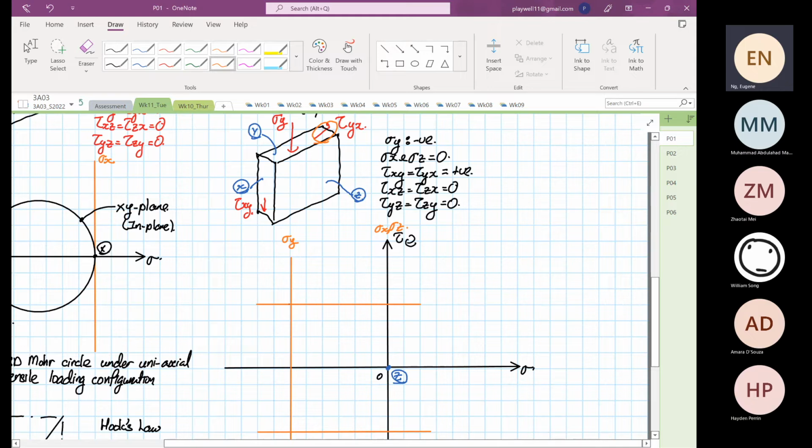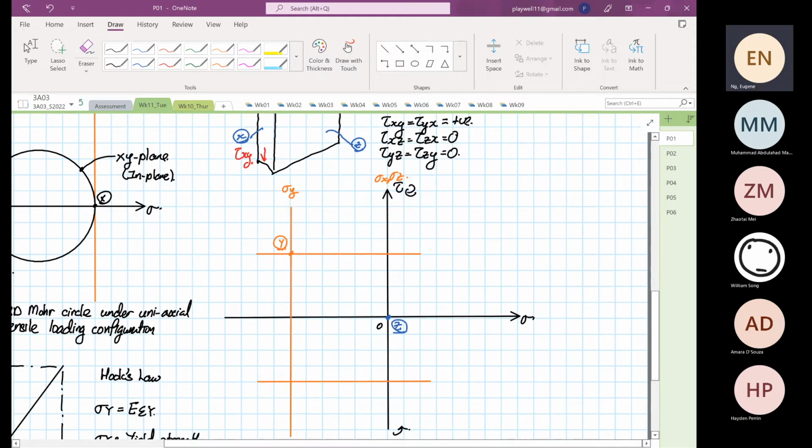So this is our point Y. And X is 0 and is going in an anti-clockwise direction. So this is our point X. So we can draw our line, right? And then we can construct our Mohr circle.